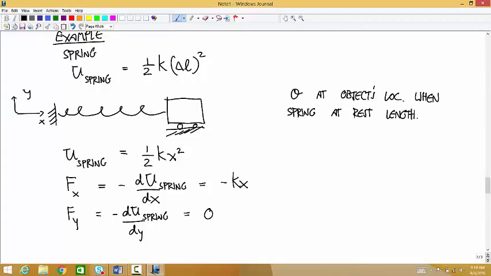When x is positive, that spring is being stretched, and so what direction is it applying a force to this object, positive or negative x? Negative, because it's pulling on it. When x is negative, the spring's being compressed, and so the spring has to be pushing on the object, so what's the direction of that force then? Positive. So that makes sense. Okay.